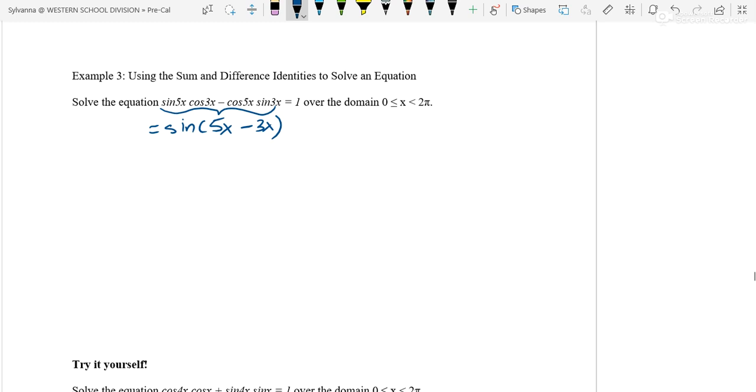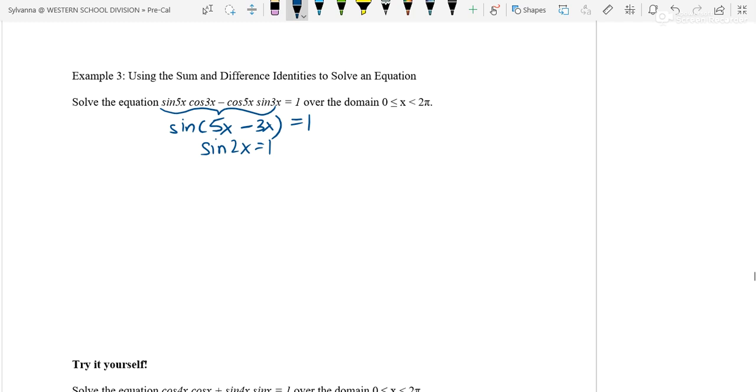I'm just using the formula for the sum and differences. So this format of sine cos minus cosine sine is the same thing as saying sine of A minus B. Okay, and we know this is equal to 1. I'm going to simplify this, so it becomes sine 2x is equal to 1.